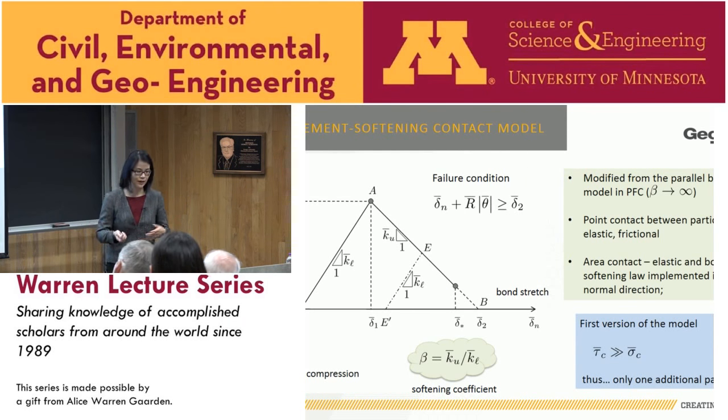But the story now, as I tell it, seems straightforward, but really it wasn't that smooth. Actually, when I was a student, my office mate, Branko Damjanac, had already written a contact law that has a softening portion. Back then, we just looked at the effect of this softening law on the toughness of the particle assembly.